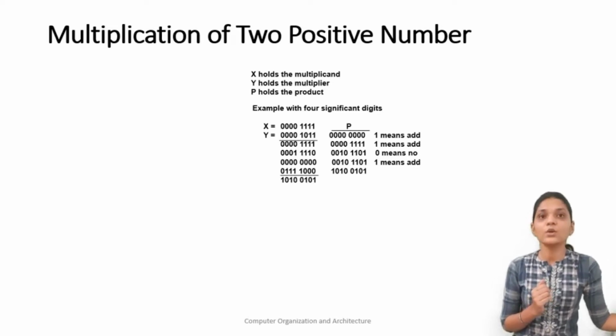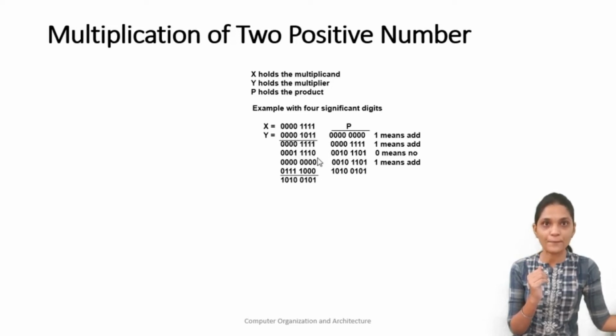Here you have to first check the bit of the multiplier. If it is 1, then you have to multiply this 1 with this whole number and put it over here. Then next we will check for this one, but its position is the second position. That means you have to append a 0 over here. If it is 1, then your result will be the same.